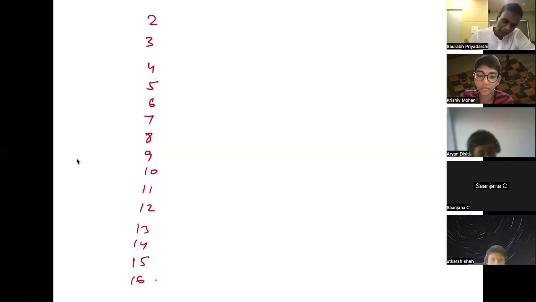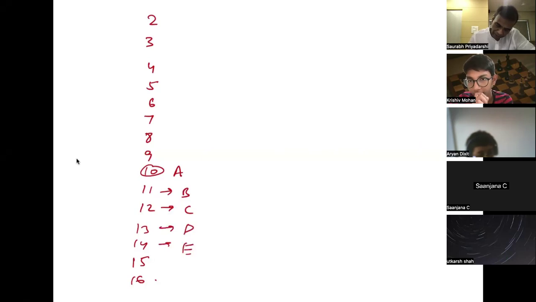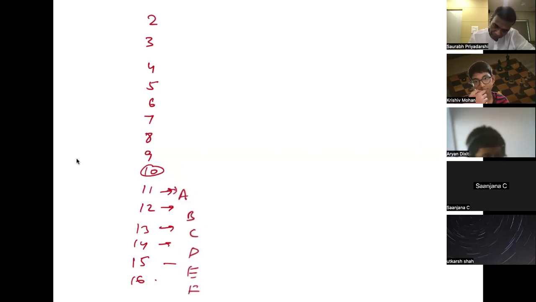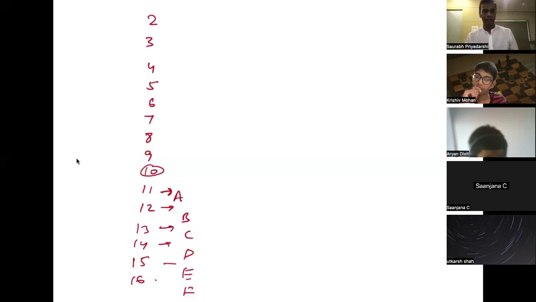So for every number greater than 9, after 10, I have to take A, B, C, D, E, F, right? So accordingly, we have to go with the number of the bases.